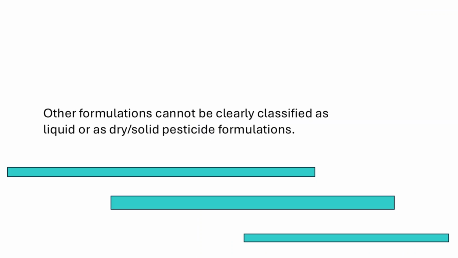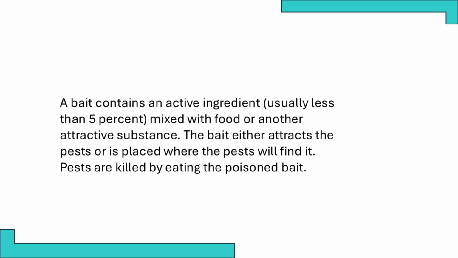Other formulations cannot be clearly classified as liquid or as dry or solid pesticide formulations. A bait contains an active ingredient, usually less than 5%, mixed with food or another attractive substance. The bait either attracts the pest or is placed where the pest will find it. Pests are killed by eating the poisoned bait.